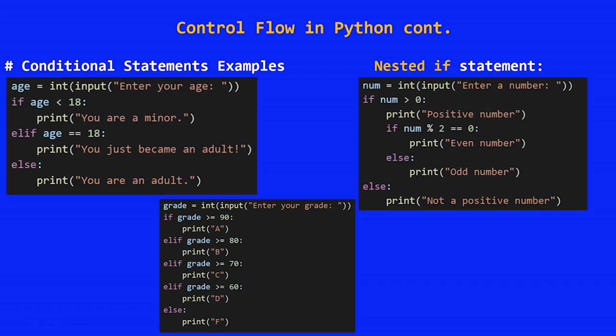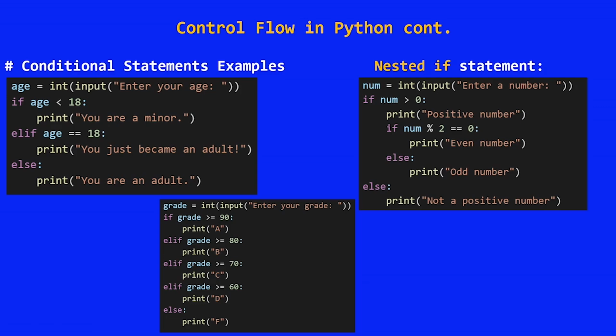You can use your own statement, but this is my preference. Else print you are an adult. So anything greater than 18, the result will be you are an adult, but anything below 18, the result will be you are a minor.